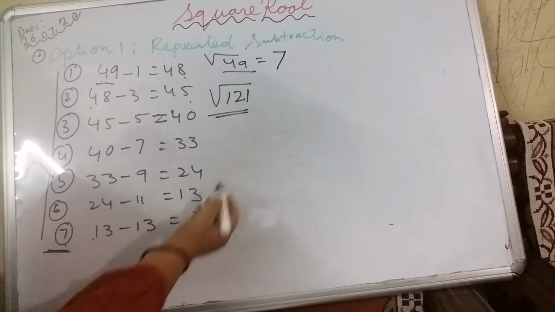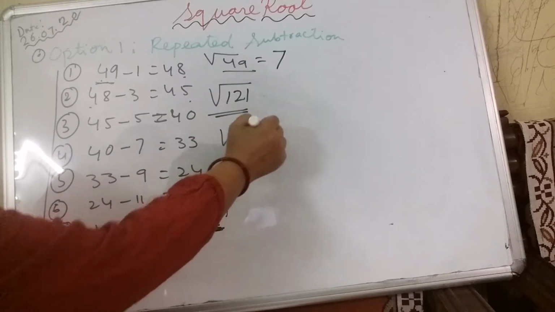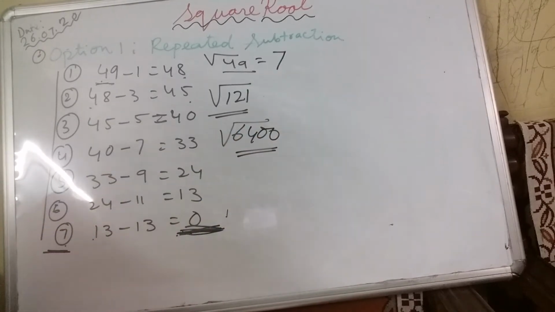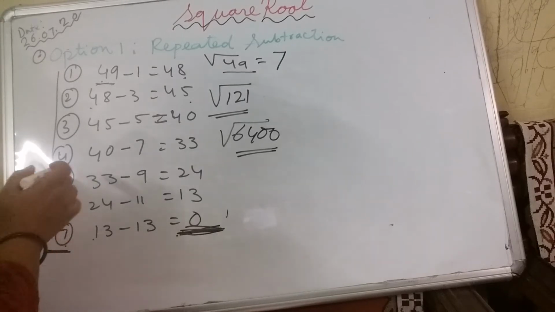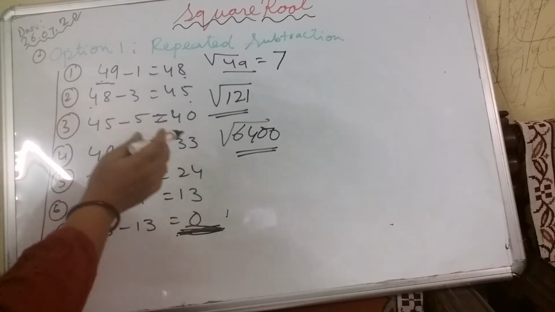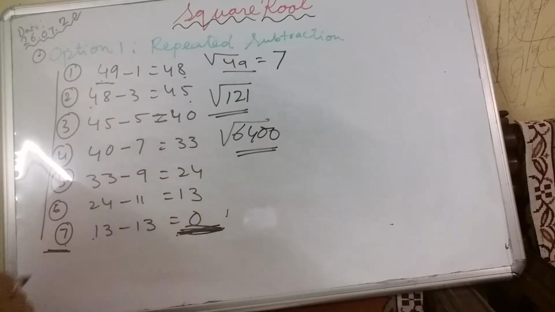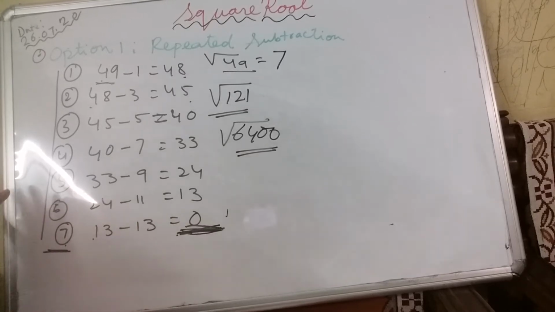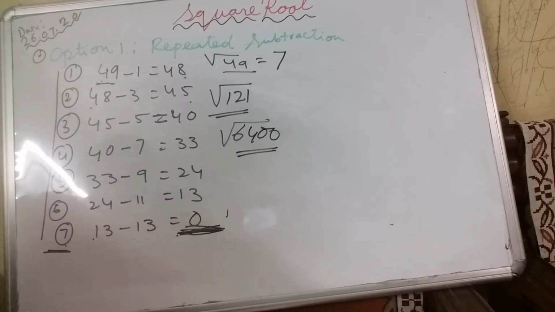Or if I ask you what will be the square root of 6400, it's quite a big number and you have to do subtraction 80 times. So that is a quite tedious job. So this method is not feasible or suitable for large numbers.